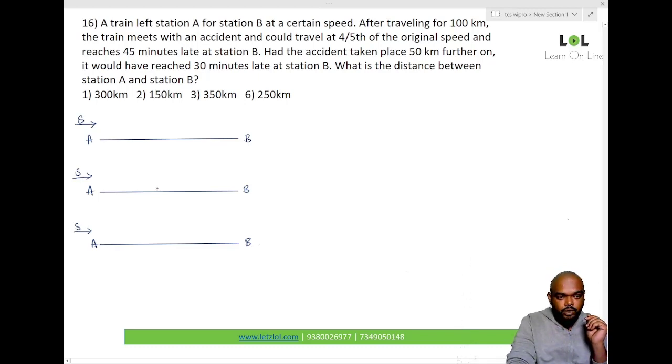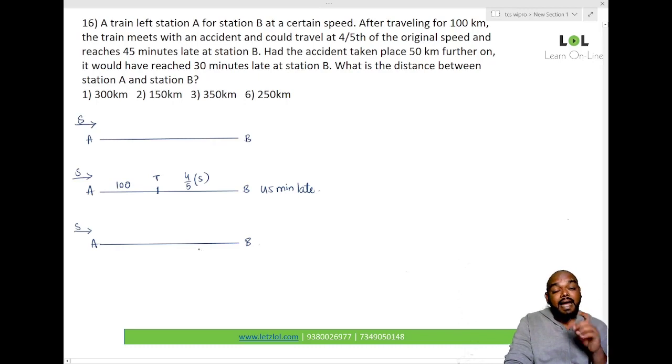After 100 kilometers, let us say this is 100 and let us say this is point T. Now, after this 100 kilometers, it met with an accident and now the train could travel at only 4/5 of speed. It means from here onwards, it can travel at 4/5 of original speed, that is 4/5 of S. And it is 45 minutes late at station B.